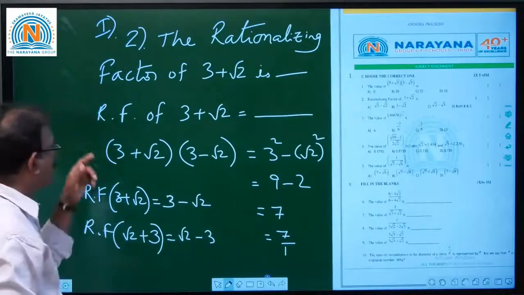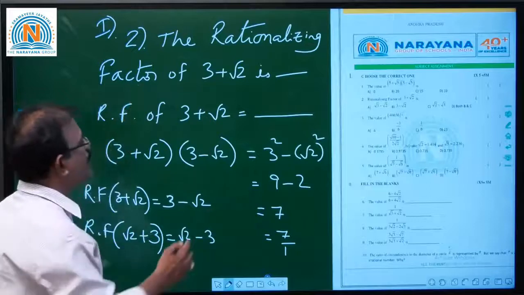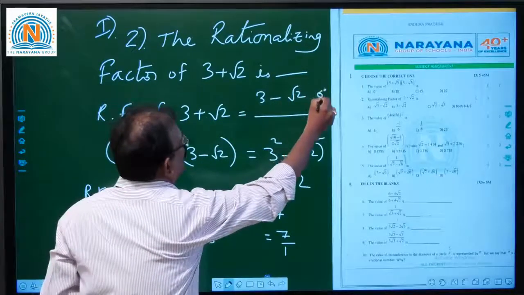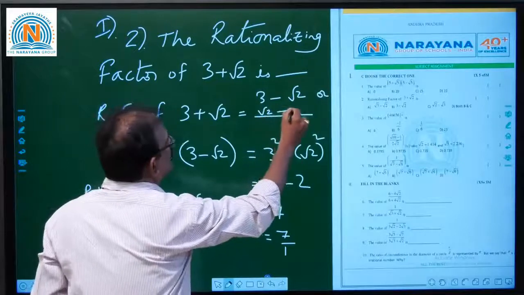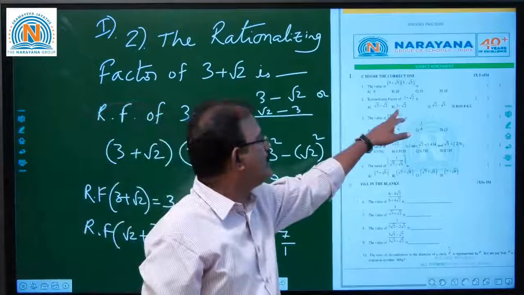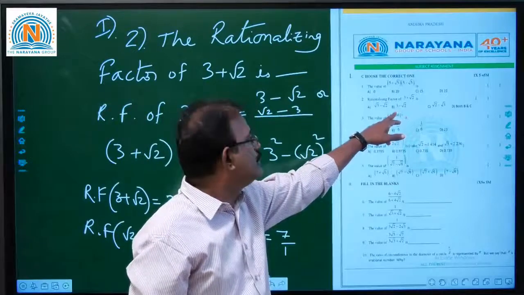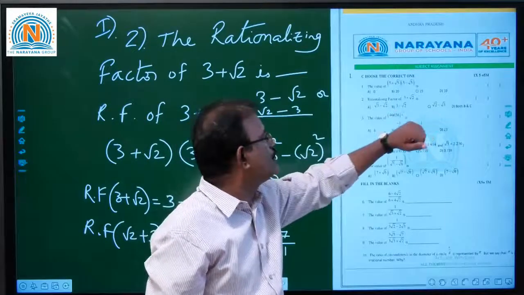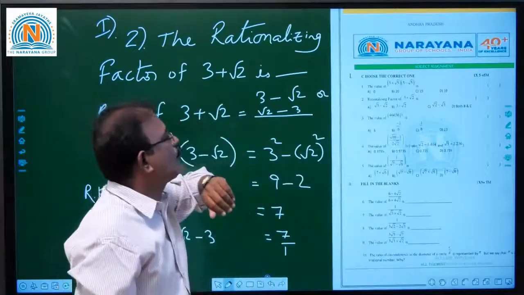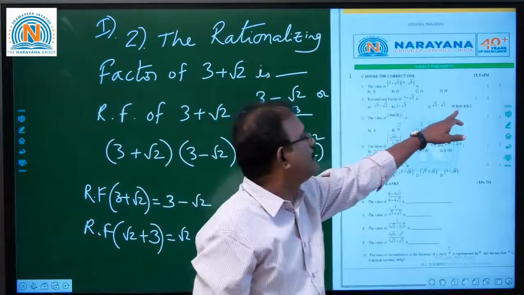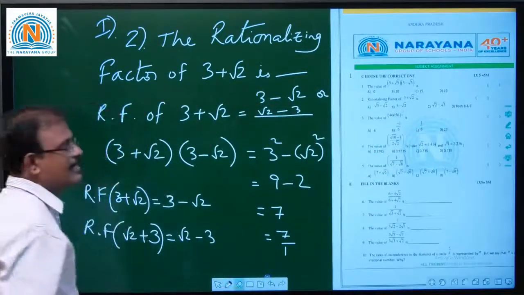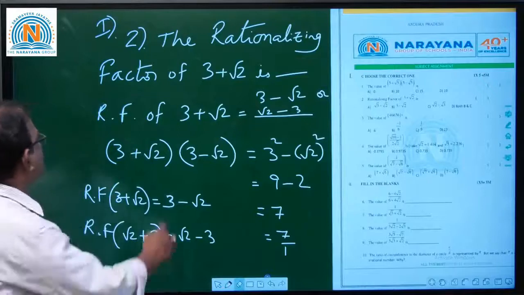So the rationalizing factor of 3 plus root 2 is 3 minus root 2 or root 2 minus 3. We can take any option, so both B and C are the correct answers.